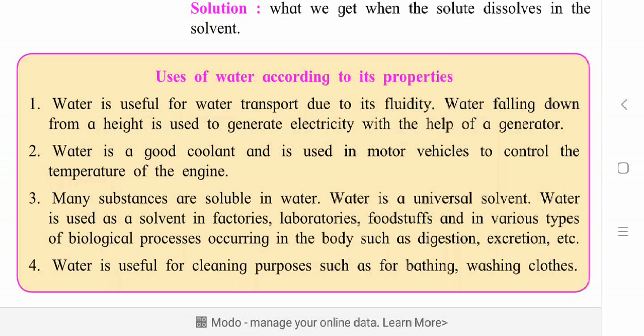Third important use of water: many substances are soluble in water. Water is a universal solvent used everywhere.